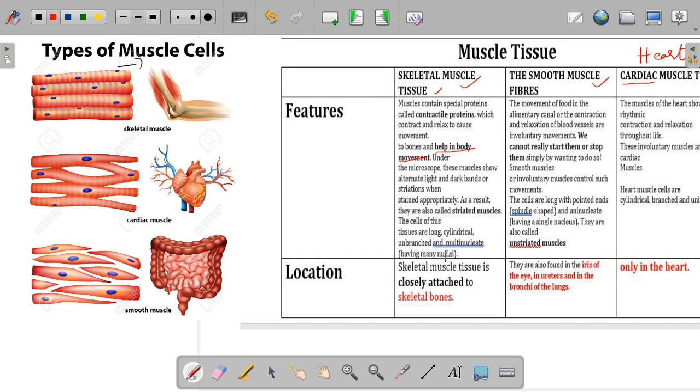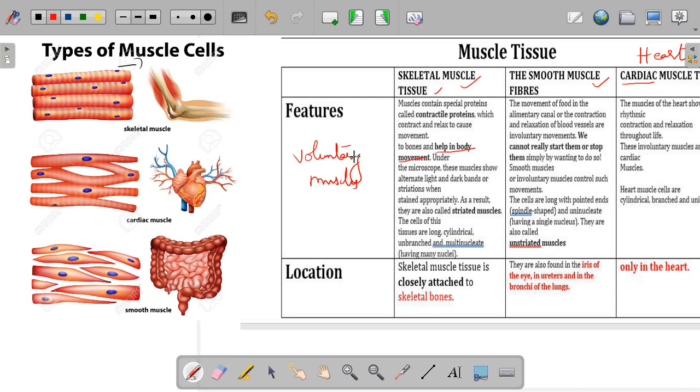The reason why they are called voluntary muscles is because, I'll write here, these voluntary muscles are the ones which are under direct control of our brain and spinal cord, that means central nervous system. So if I want to move my hand towards the duster and I want to catch hold of it, then I think of it and then I do it, because my brain and spinal cord controls these muscles. That's why they're called voluntary muscles.